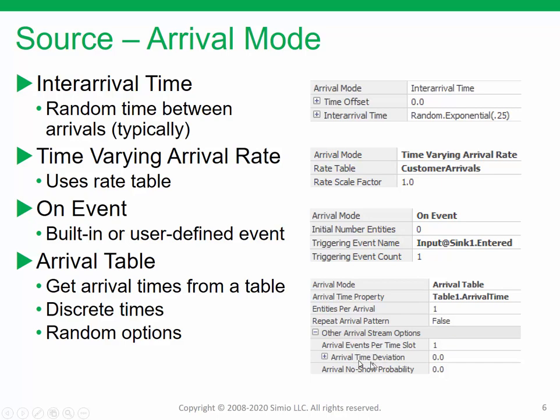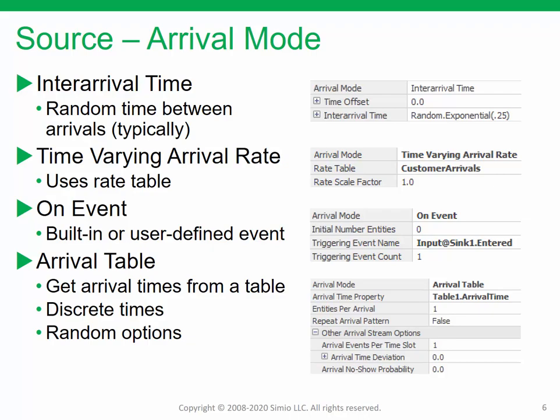In other words, I can have an arrival time deviation and an arrival no-show property. For example, these two would be useful if you were modeling patients arriving to a doctor's office, where you have a specific appointment time, but your actual arrival will either deviate around that time somewhat, or there is also some probability that you won't show up at all. And so that type of arrival process is supported through an arrival table.